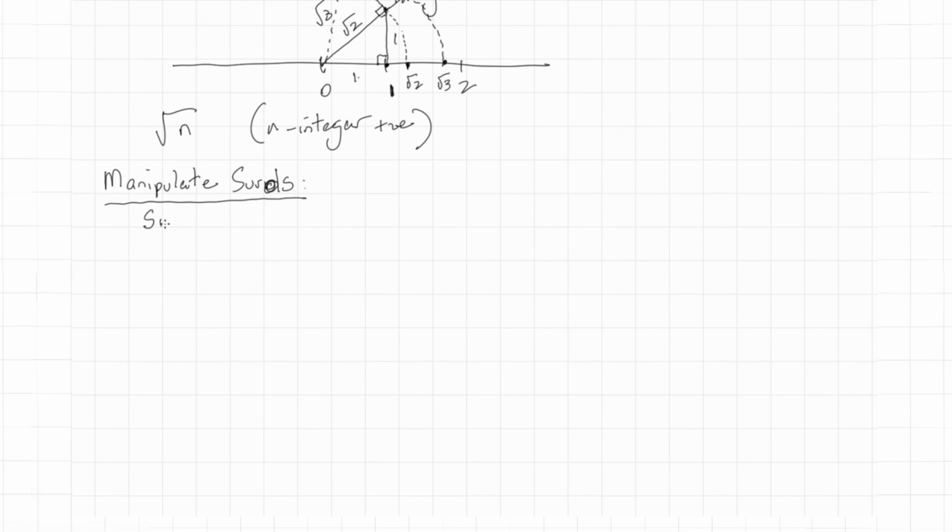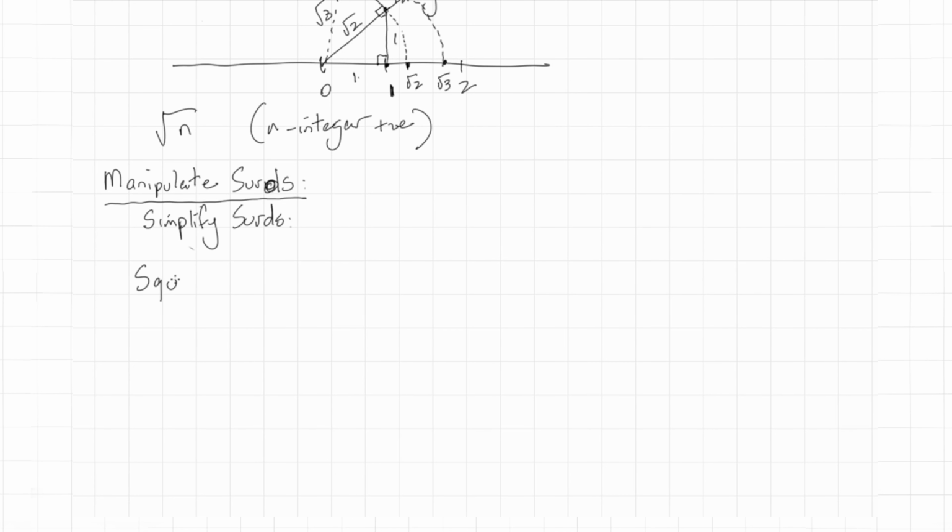And the first thing we're going to do, though, is simplify surds. Simplify surds. Now, to be able to simplify surds, we need to have a good knowledge of what are called square numbers.